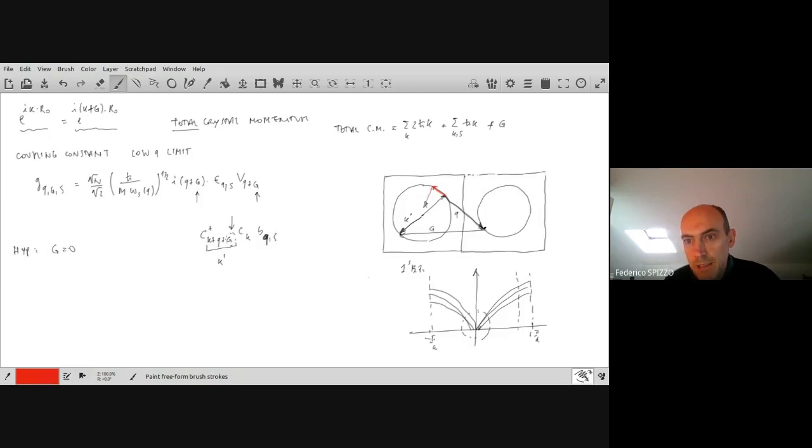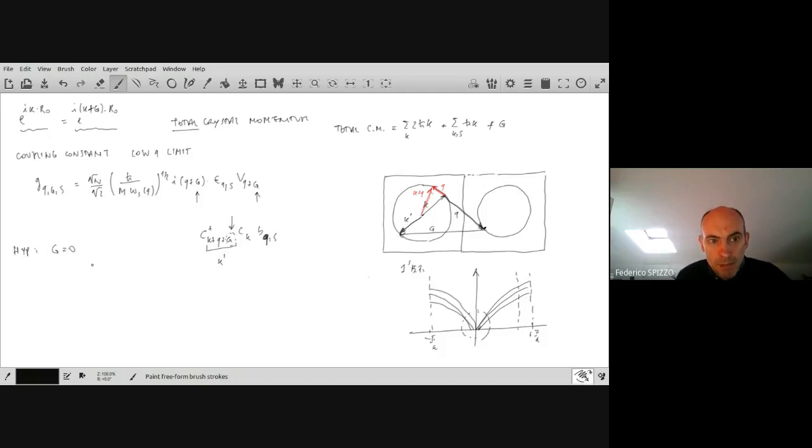So the final value for the wave vector is here. We have to consider that this is Q and this is K plus Q. At this point, everything happens in the first Brillouin zone, and we do not need the additional G to represent the full situation in this case.